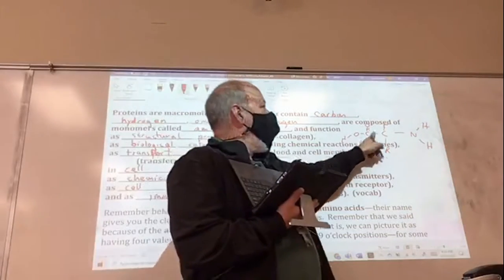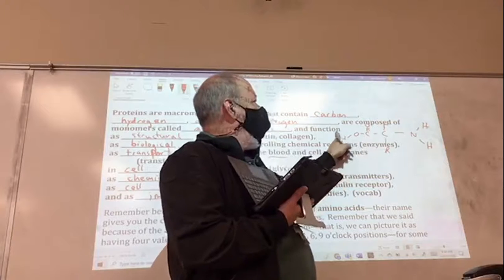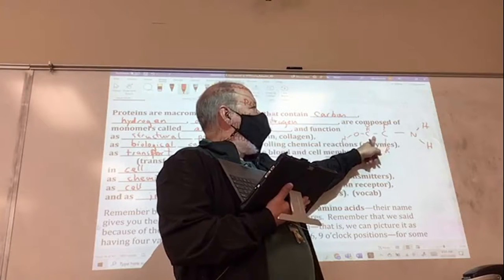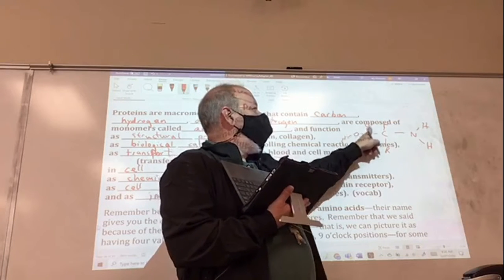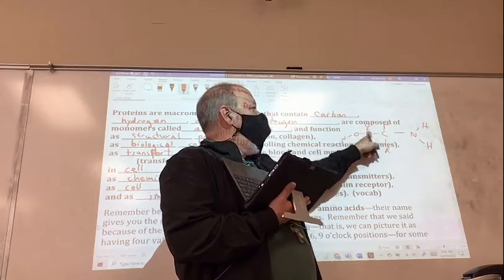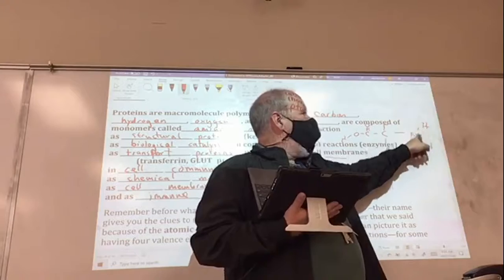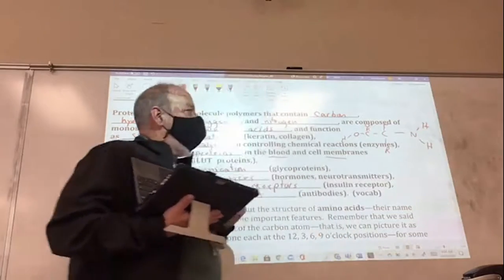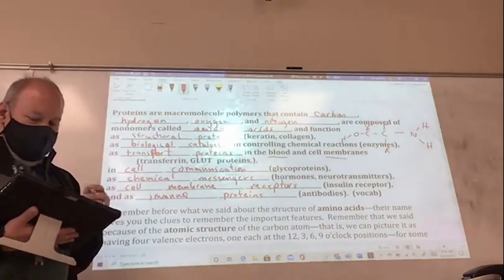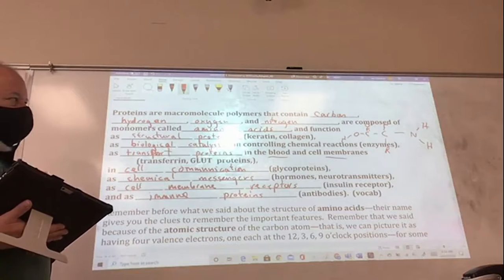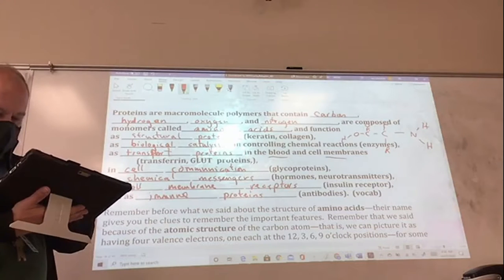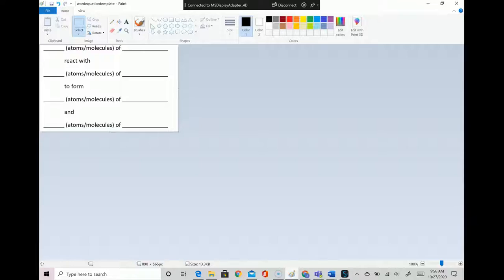And we remember that on one side of an amino acid, we had the acid, right? The COOH group is the acid part of this. And on the other side of this is the amino group, the nitrogen with 2 hydrogens on it.